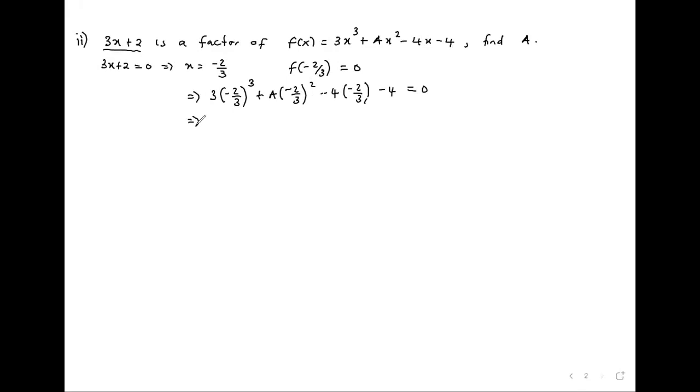That is negative 8 over 9 plus 4 over 9 a plus 8 over 3 minus 4 is equal to 0.